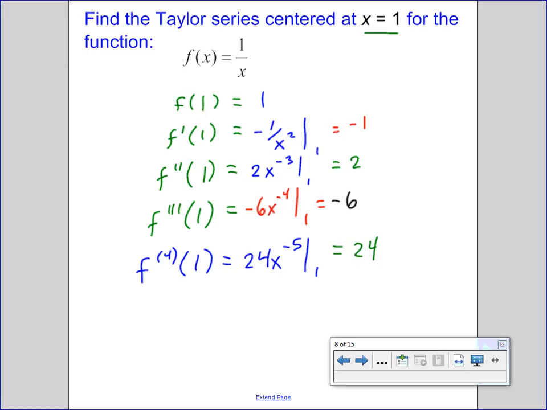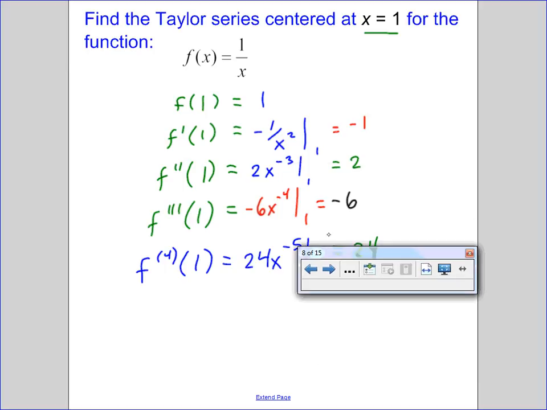If you recognize our values of the derivatives at x equals 1, well, excluding the sign, but 1, 2, 6, 24, what kind of numbers are those? Factorials. And so I think we have a generalized pattern. Do I have to keep going ad nauseam to get the Taylor series? No, let's go ahead and try to write the generalized nth term.